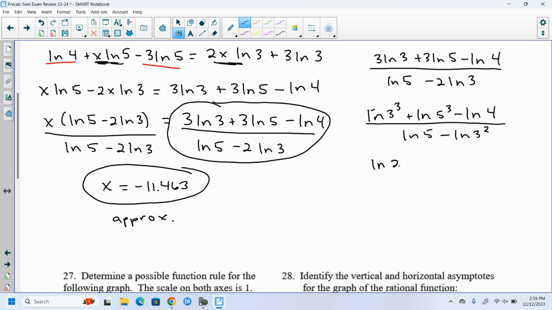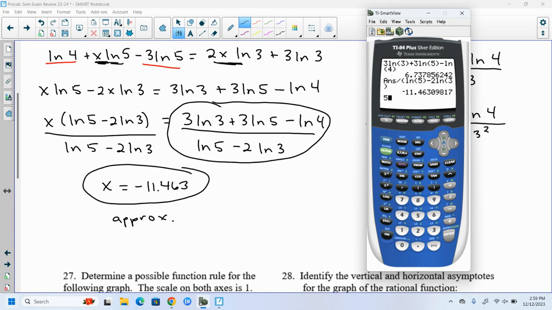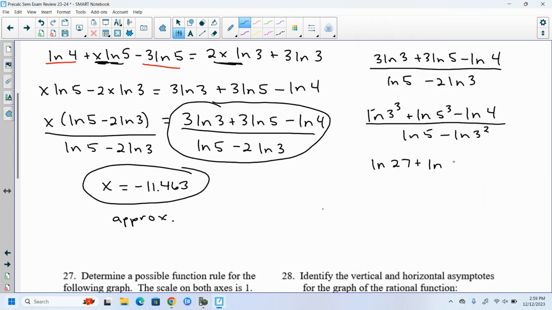So 3 cubed is 27 plus 5 cubed, 125, minus natural log of 4 over natural log of 5 minus natural log of 9.